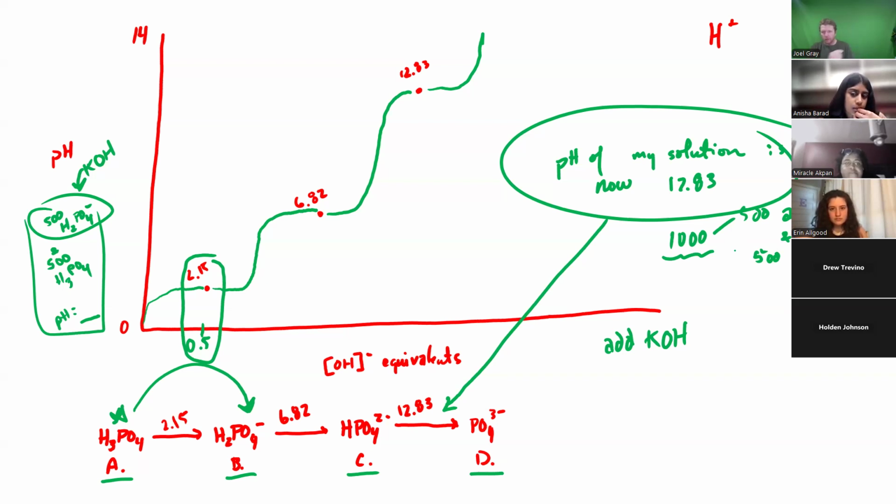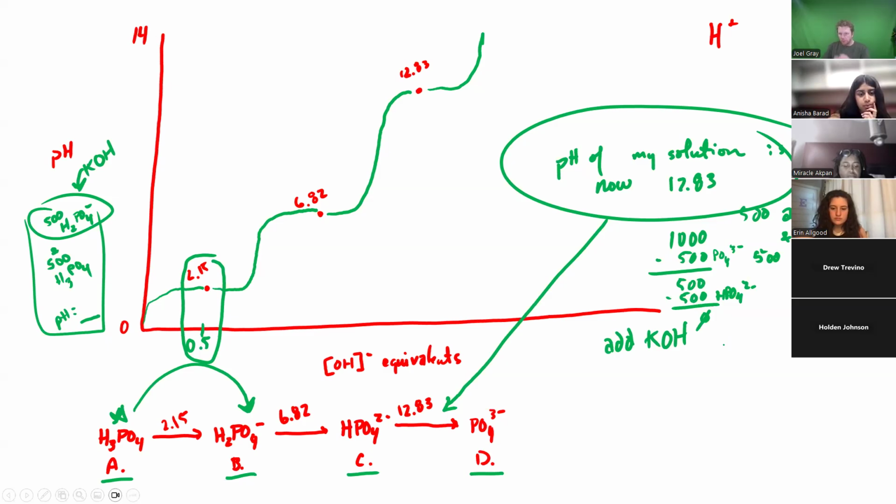This is a question, and I see the chat, and you guys are right. Keep in mind, we started with 1,000 copies of this molecule. 500 of them are PO4 3 minus. Let's do the math here. 500 of them are PO4 3 minus, and another 500 are HPO4 2 minus. 500 minus 500 is 0.